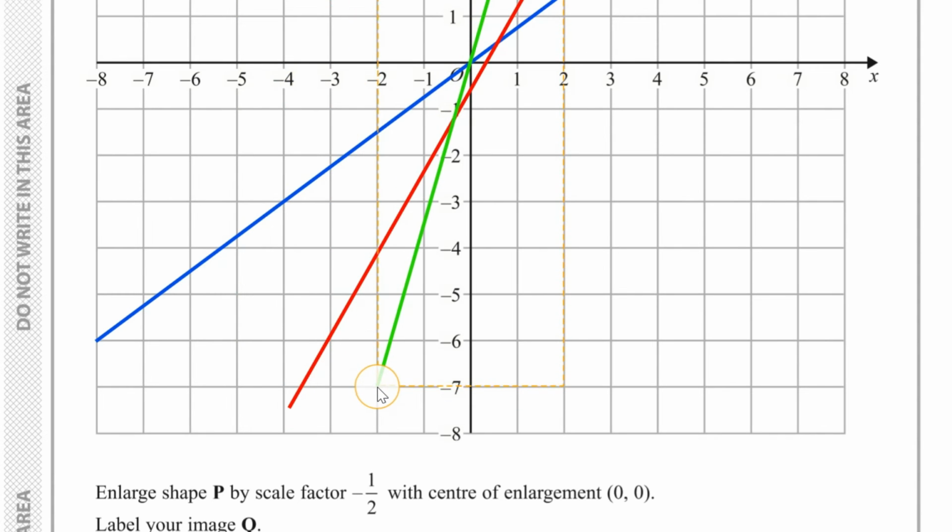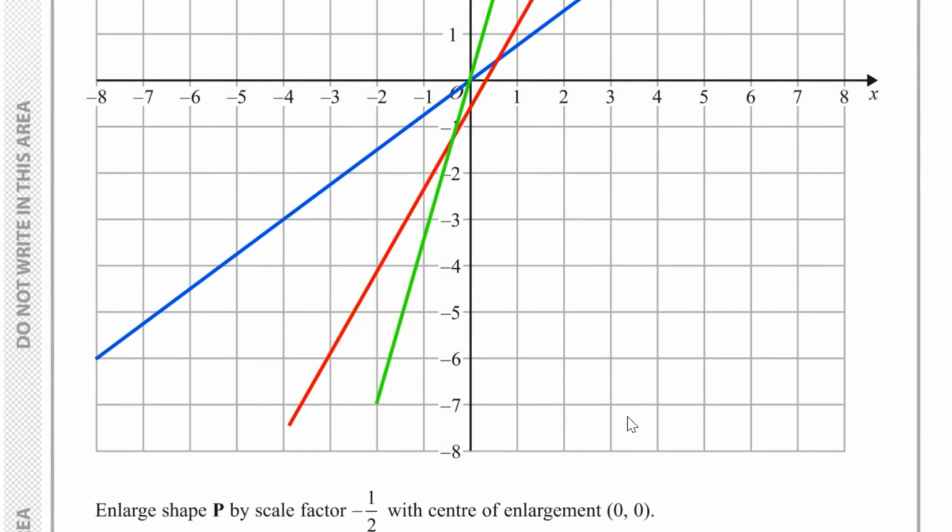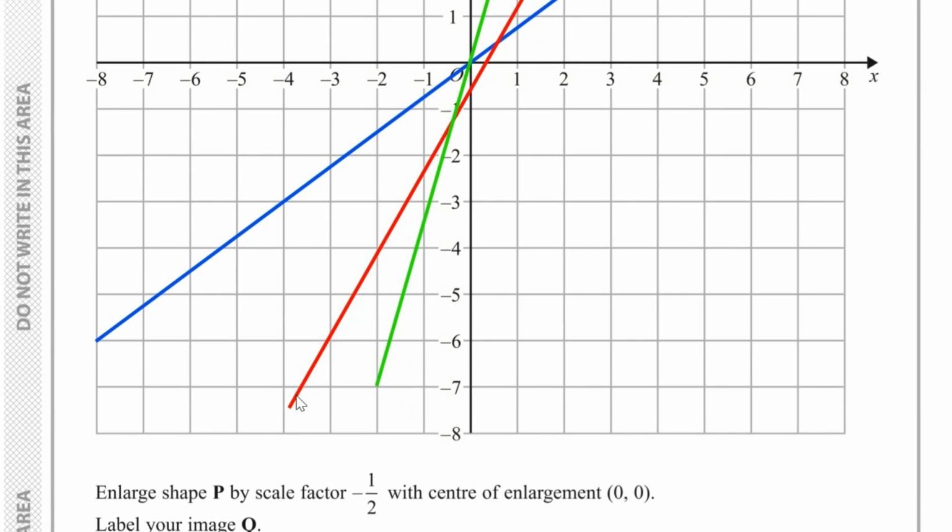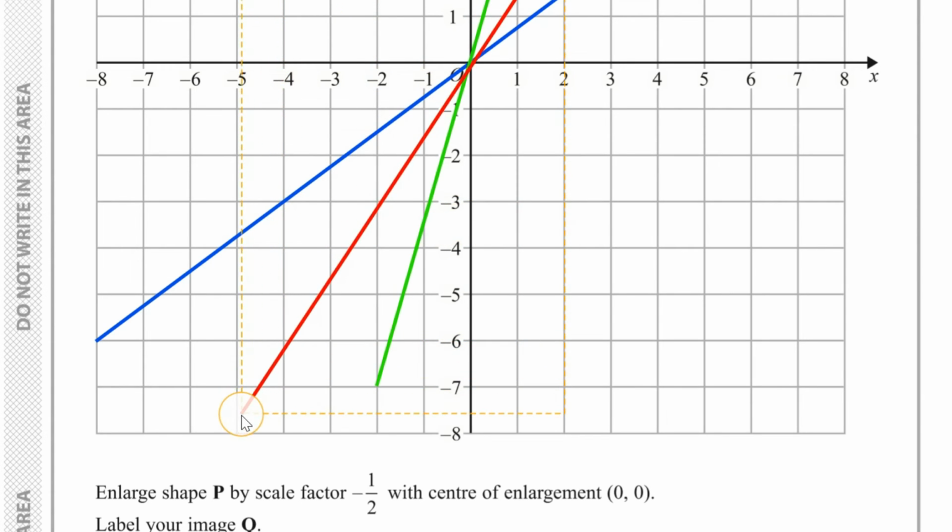Got this situation. And if I just correct this as well, that was 2 across and 3 up, so we're going to have 2 down like this. So if I extend this, we got something looking like this.